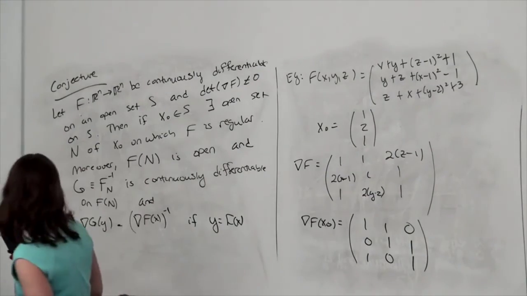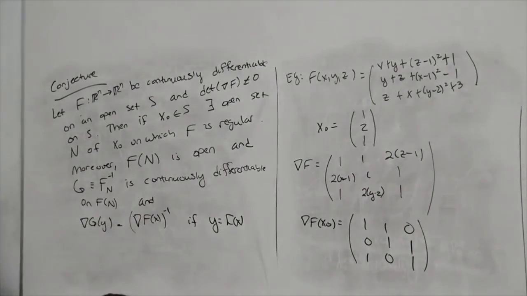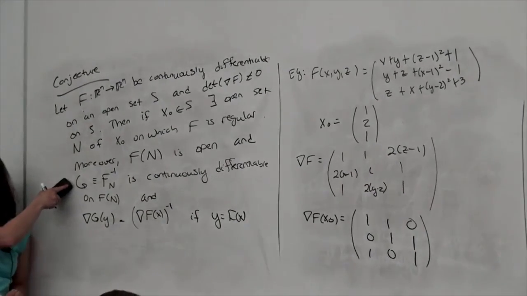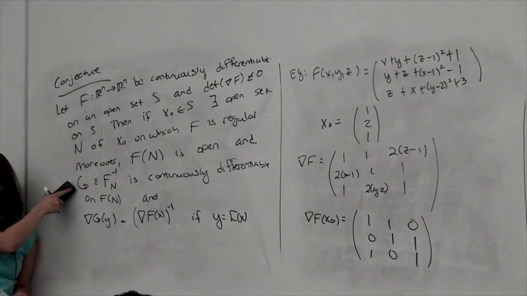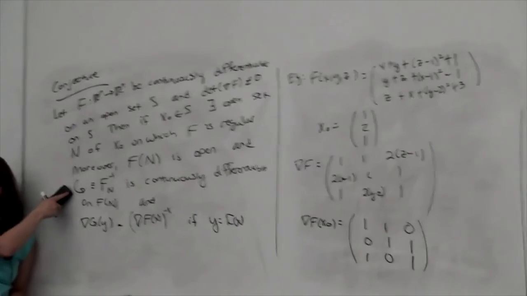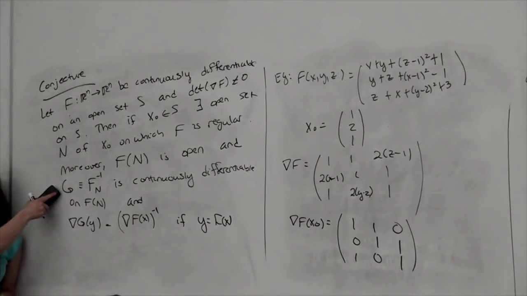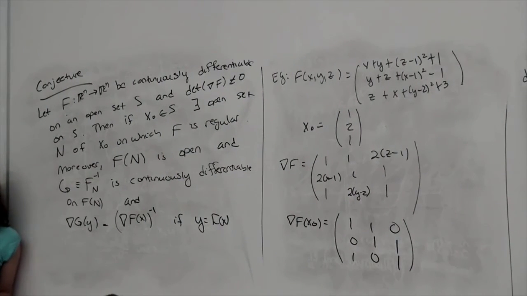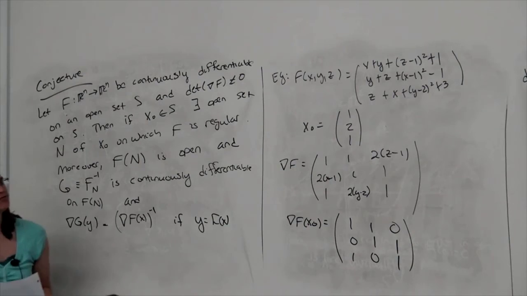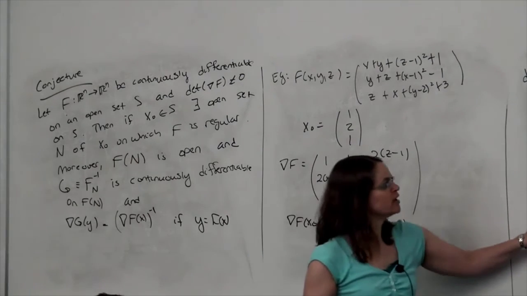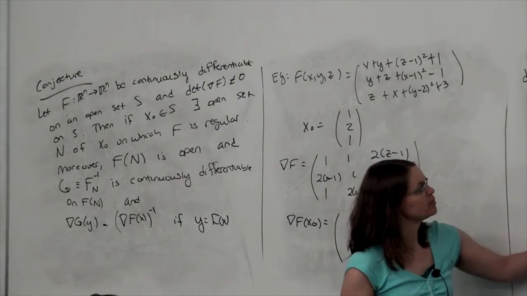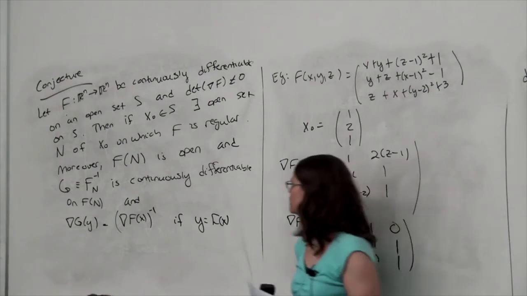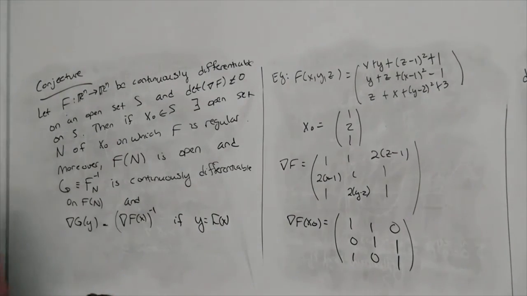Because what do we know? Assuming this theorem is true, we know that G is differentiable. That means it's locally well approximated by its linearization. For linearization, what do we need? We need a reference point. G evaluated at this point is going to take us back to x naught. And we need a Jacobian.